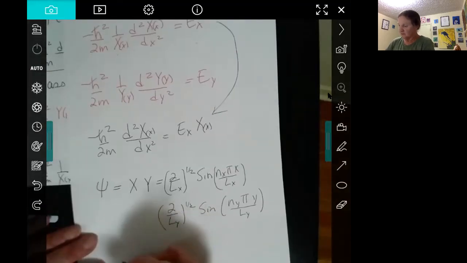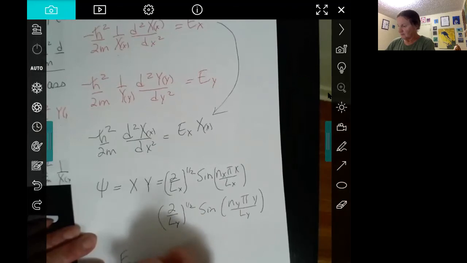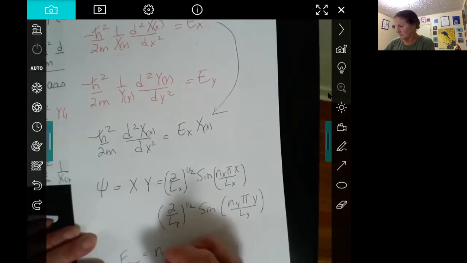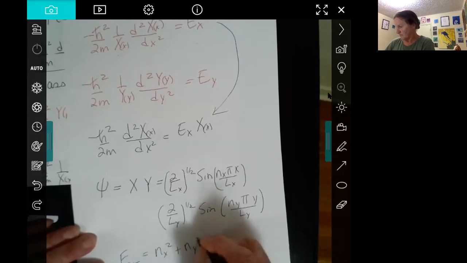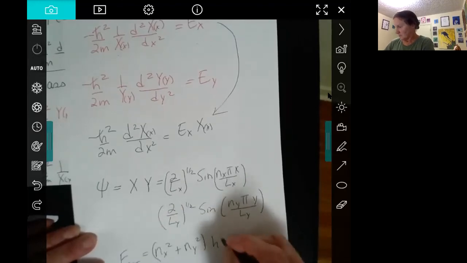And the total energy will be equal to the sum of the two.